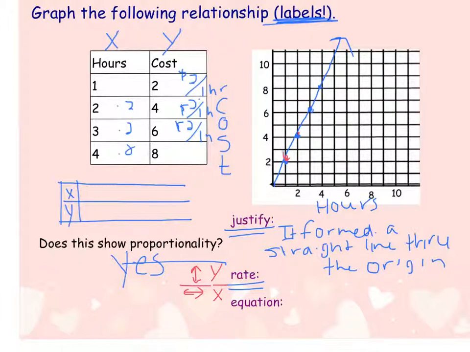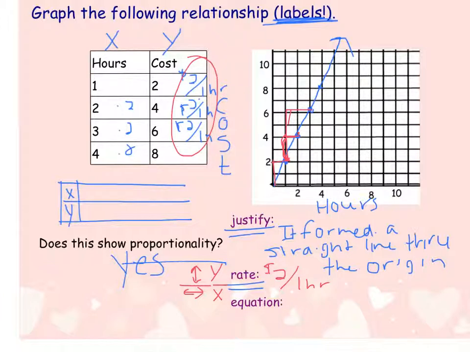I had to go up from 2 to 4, up 2 over 1, or I could have started here, up 2 over 1, or I could have started here, up 4 for every 2. So it doesn't matter what 2 points we connect, it always ends up being that same unit rate. $2 for every 1 hour. $2 per hour.